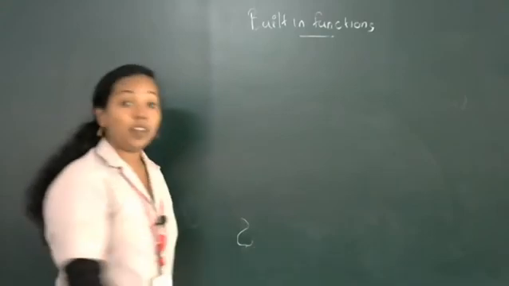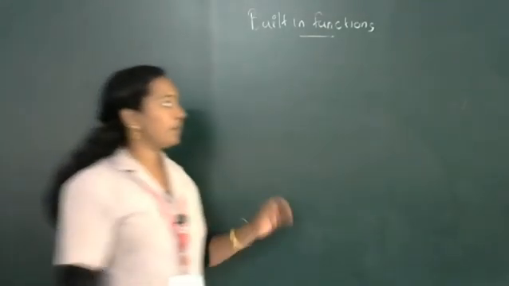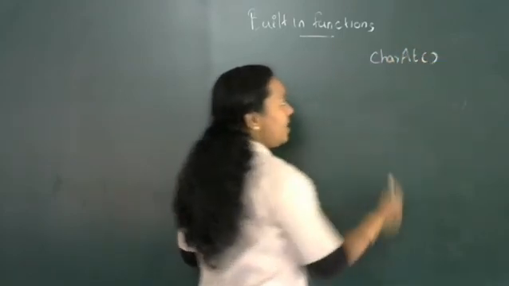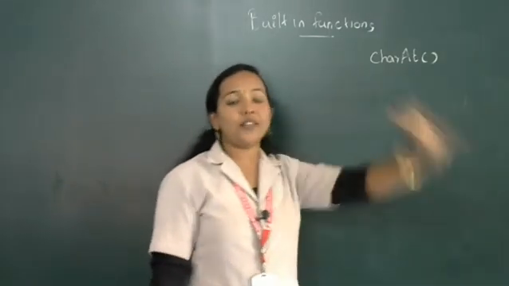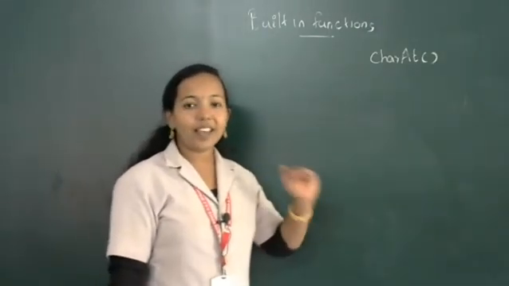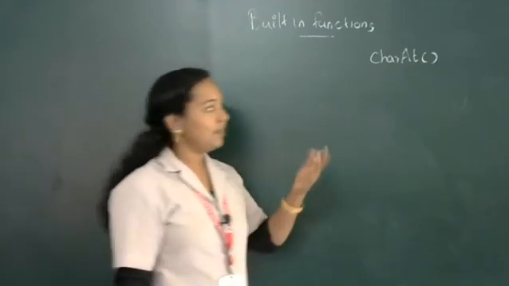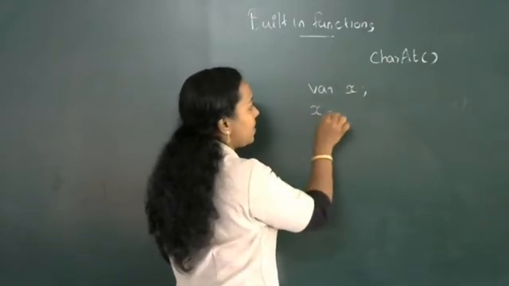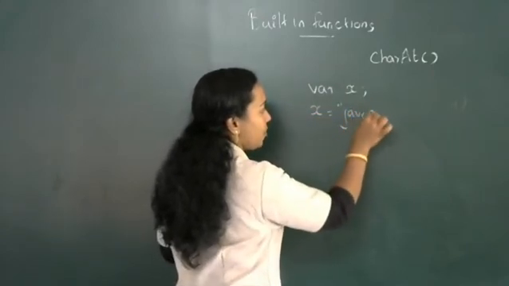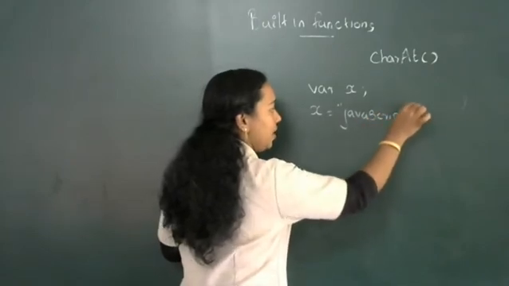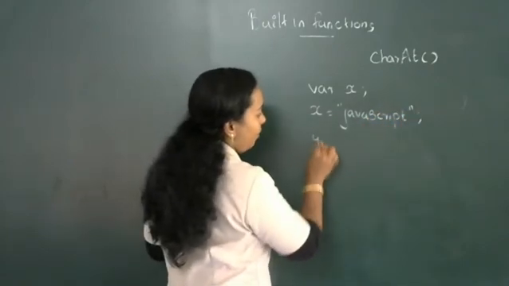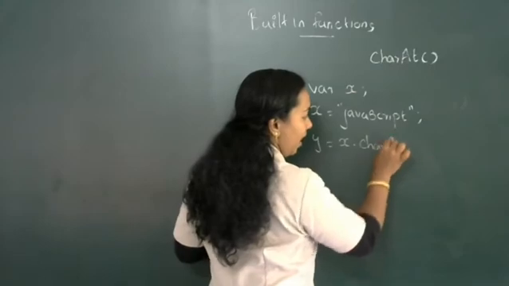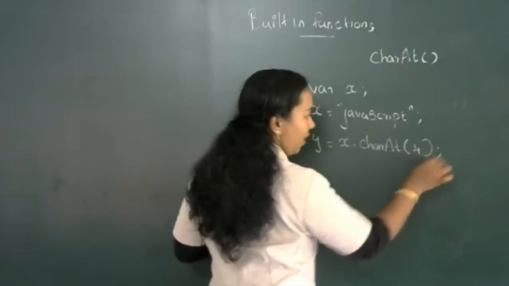Then two more built-in functions are there. Next one, the charAt function, with A capital. charAt is character at position. We can find out the character at a particular position. Let me write one example: var x, x is equal to JavaScript. Then y is equal to x dot charAt(4).